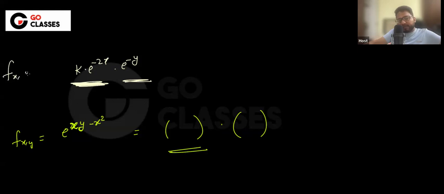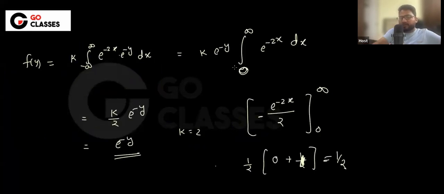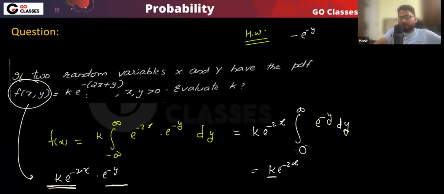But if you have something where you can write some function of x times some function of y, in such cases generally they are independent. We have even verified it. We calculated f_x separately and f_y separately, and then verified that they are independent. Then you can find the value of k also. So we have done multiple things here.